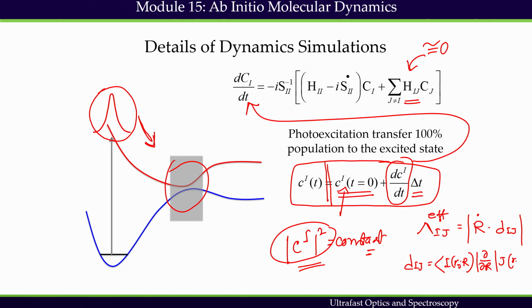What I will show here is that this integral represents a very interesting coupling. j and i are electronic states, but this is the nuclear coordinate. What does it mean? It means that this coupling term is coupling two electronic states with the help of the nuclear coordinate, and that is the non-adiabatic interstate coupling constant.